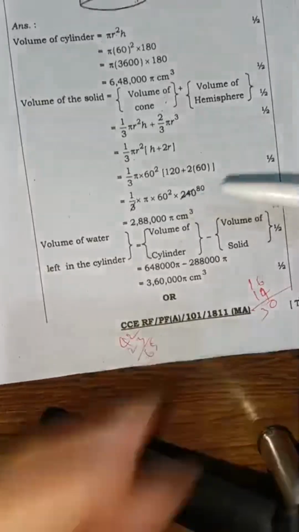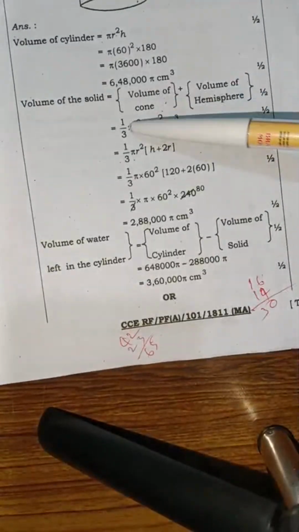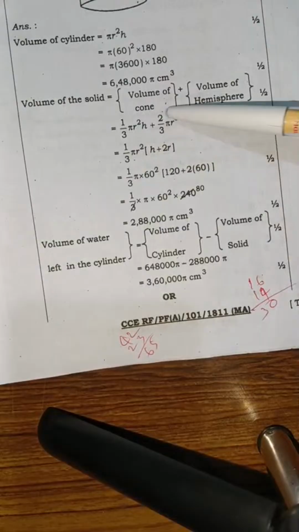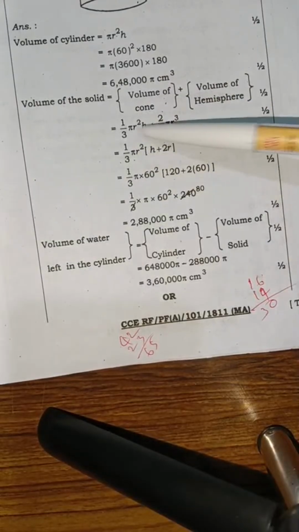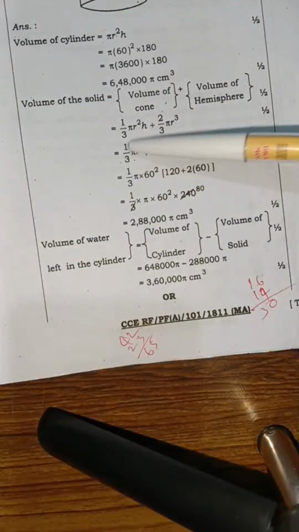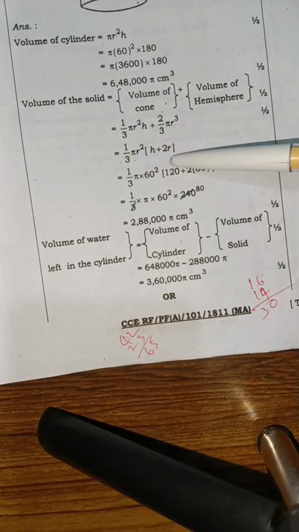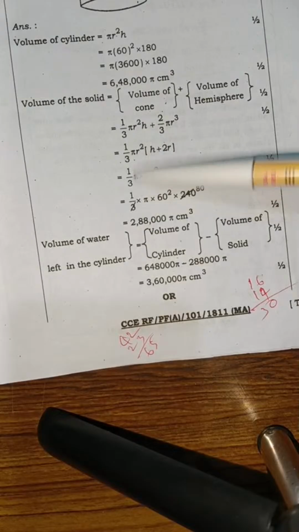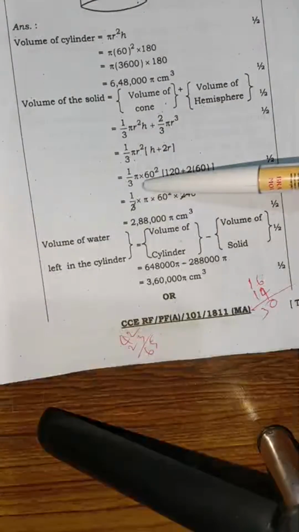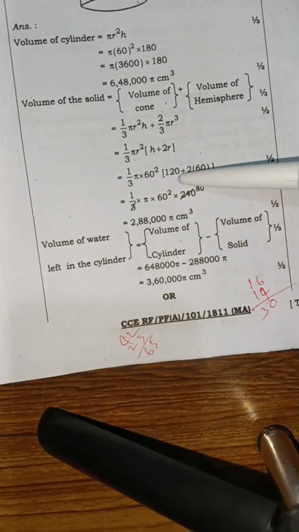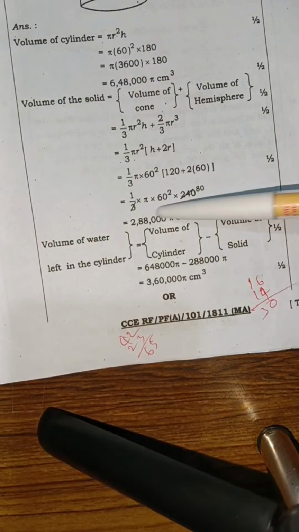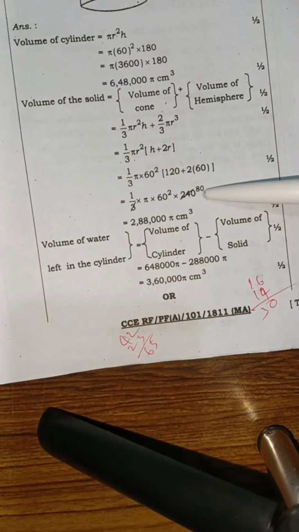Volume of cone is nothing but 1 by 3 pi r square h plus 2 by 3 pi r cube. So here 1 by 3 pi r square taking common, h plus 2r only remaining. So substituting the values, 1 by 3 pi into 60 square of 120 plus 2 of 60. 1 by 3 pi into 60 square into 240.